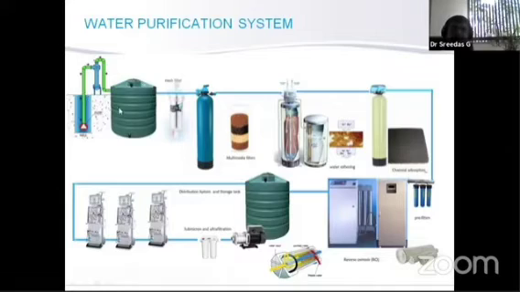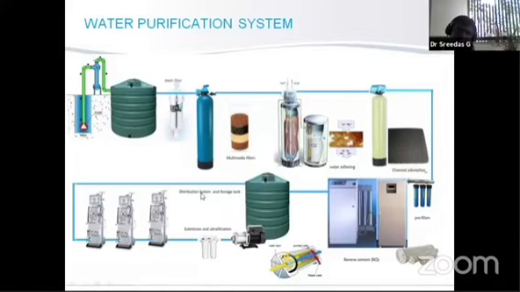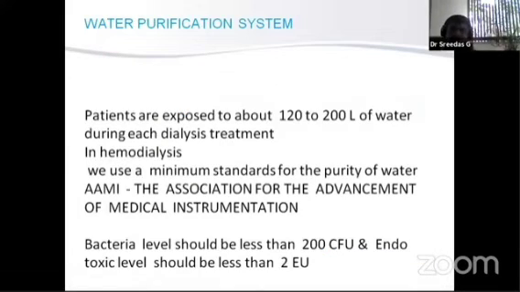We know the raw water is stored, and then it comes through the sand filter or the pre-filter, then it goes to the multimedia, the water softener, and then goes to the charcoal filter, and then we have a pre-filter here, or the 5 micron filter, and then goes to the RO plant or the RO membrane, and then the RO water is collected in the storage tank and pumped through a closed circuit that should be continuously circulating. All of us know about this, so we'll quickly go to the next.